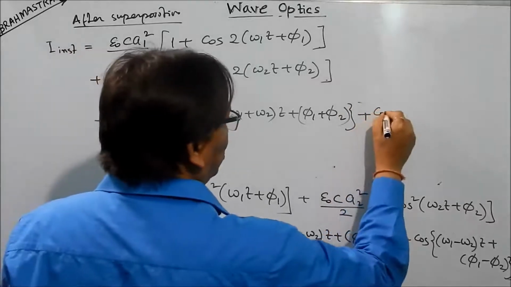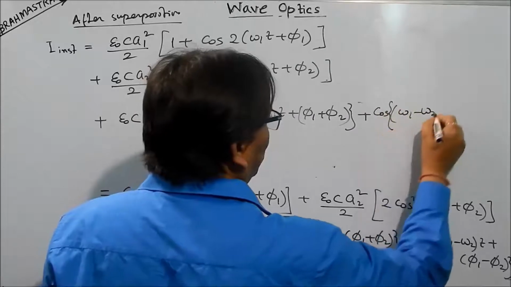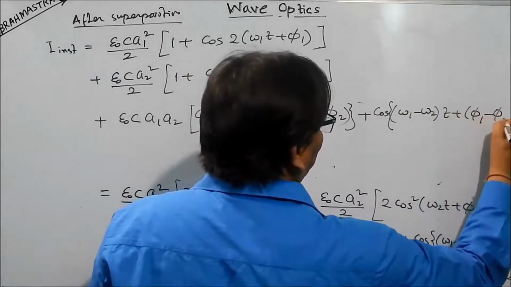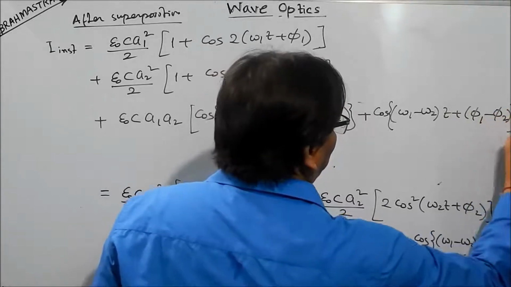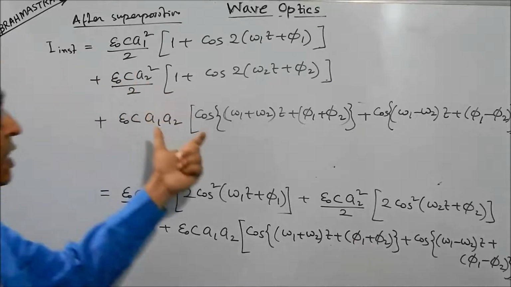So this is cos of (omega 1 minus omega 2) into time plus (phi 1 minus phi 2), bracket close. So these are the terms that we are getting. Now this is the instantaneous value.